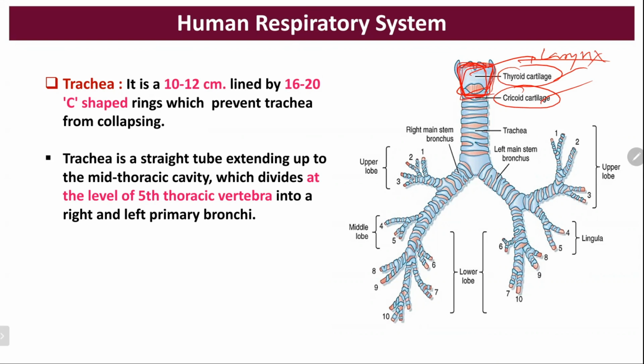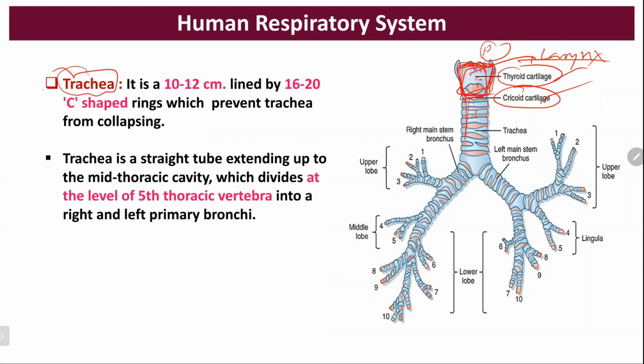You see how simple it is. Larynx opens into trachea, and pharynx opens into larynx by means of the epiglottis. So that is what I have shown, no problem in this diagram.